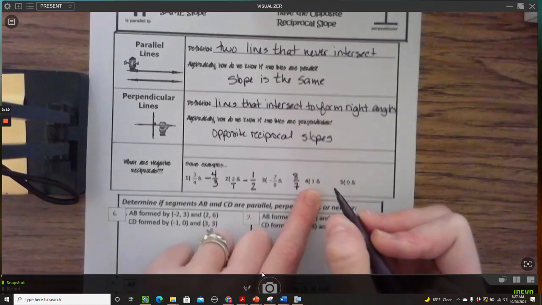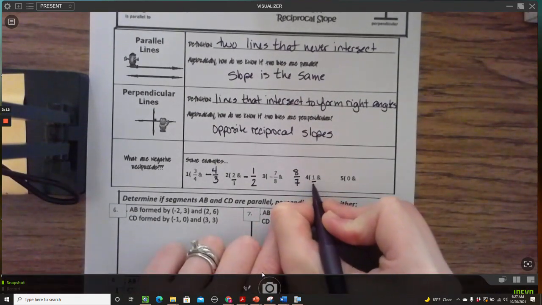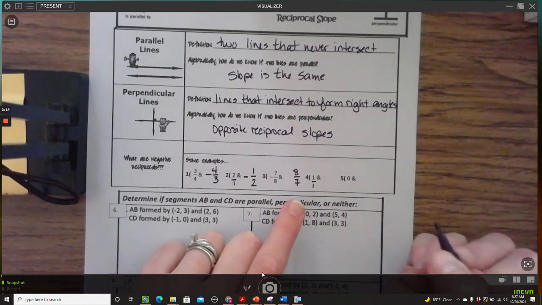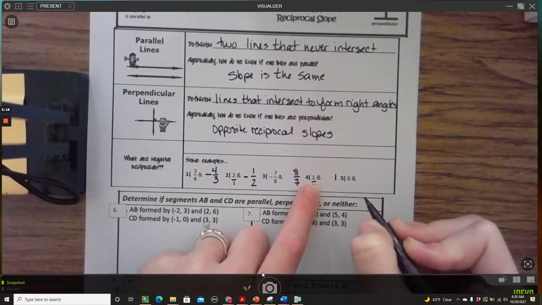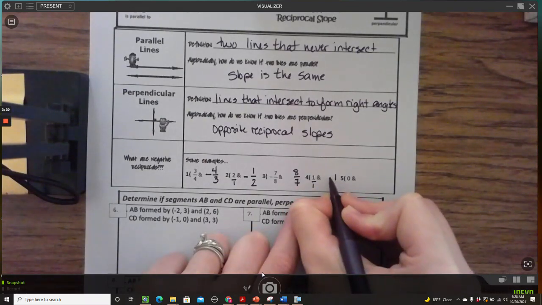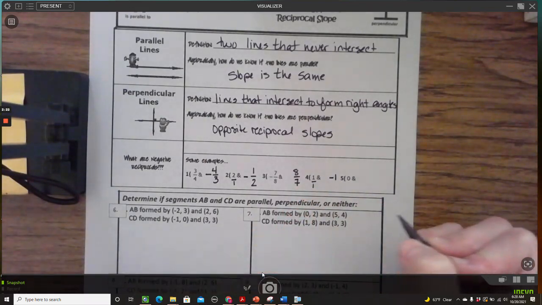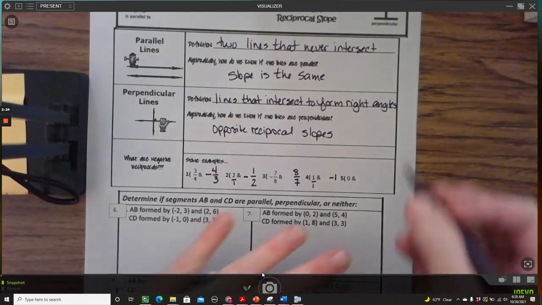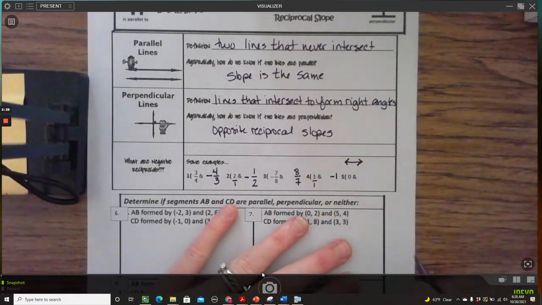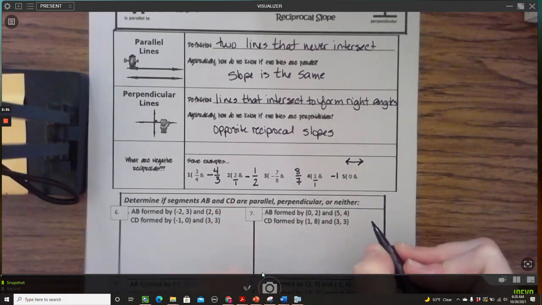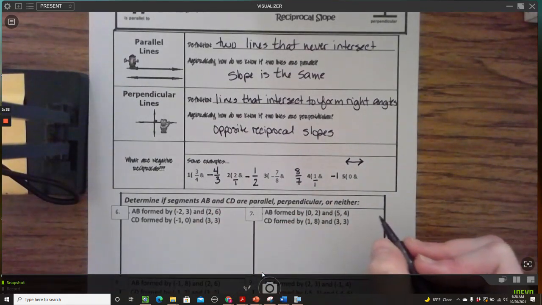1 is kind of a special case. 1 over 1 is the fraction form. So if we flip it, we just get a 1. But since this one is positive, this one has to be negative. And then 0 is another special case. So remember, lines that have a slope of 0 are horizontal lines. So the reciprocal here is 1 over 0, and you can't do that.